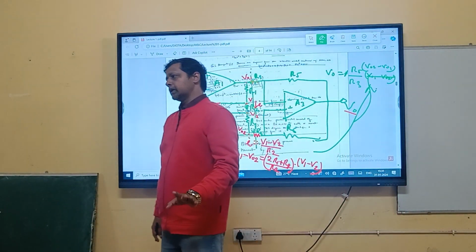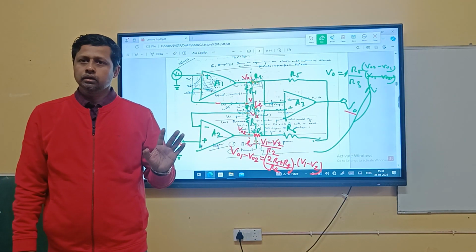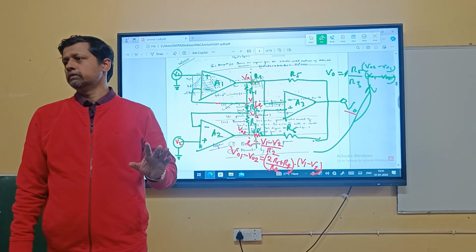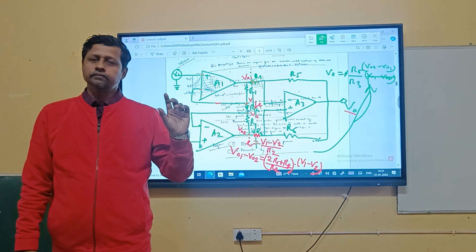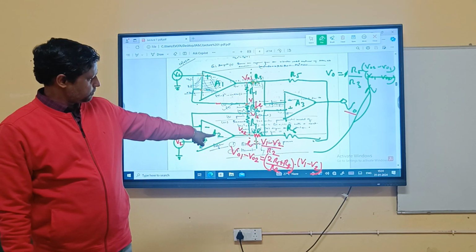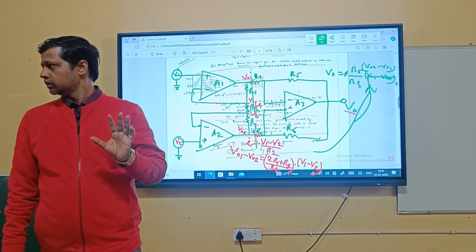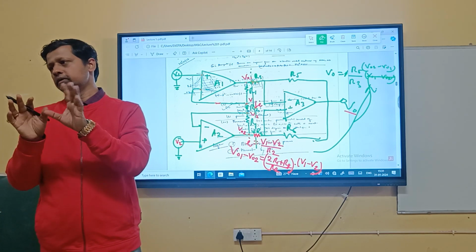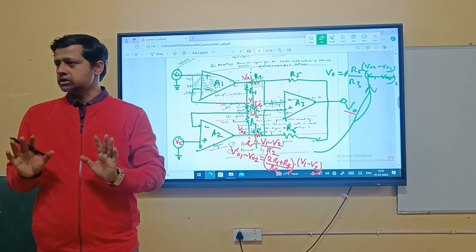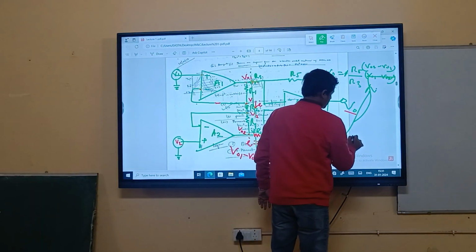Now R5, R3 are also discrete values. That is also known to you. So R5 by R3 will give you some finite ratio. Twice R1 plus R2 upon R2 will again give you some finite ratio. The product of the two finite values is again finite. Can I treat it as a constant? So ultimately what output did I get?